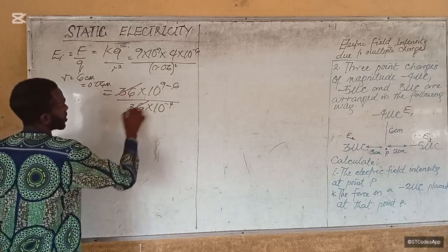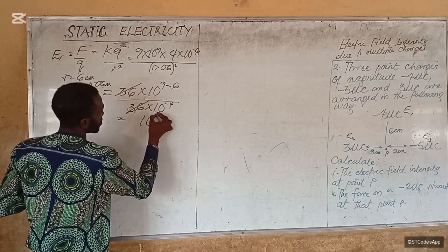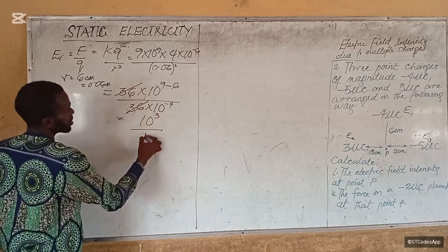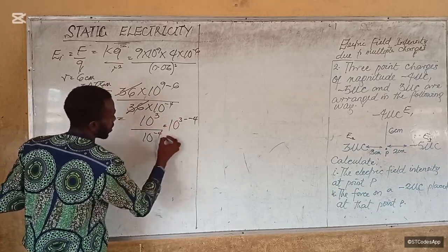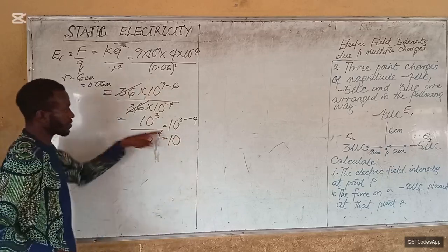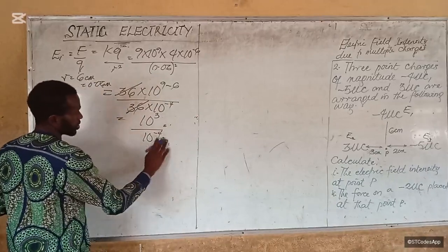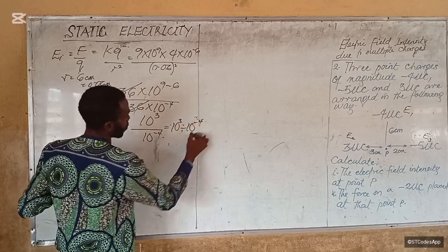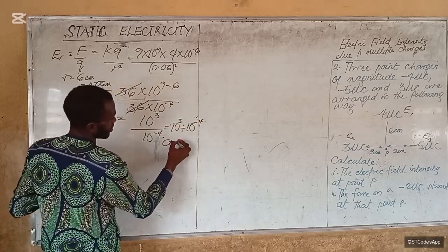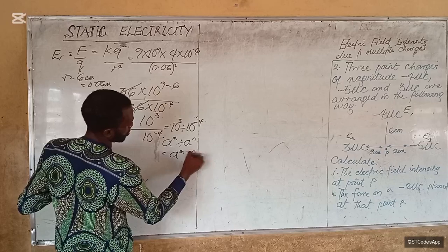Okay, so 36 takes care of 36, and then we have 10 raised to power 9 minus 6, which is 3, over 10 raised to power minus 4. This becomes 10 raised to power 3 divided by 10 raised to power minus 4. For those of you that don't understand what I did here, recall in indices that we have a raised to power m divided by a raised to power n, it becomes a raised to power m minus n, isn't it?